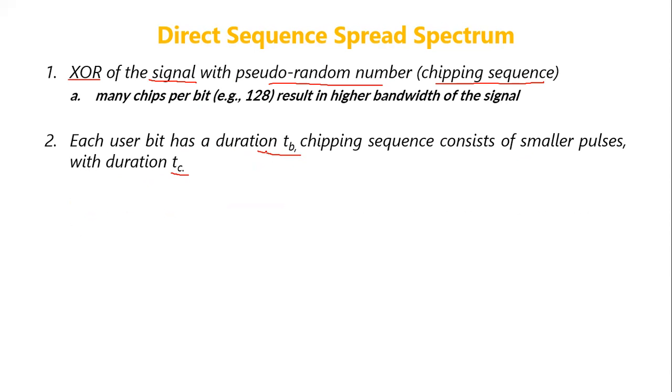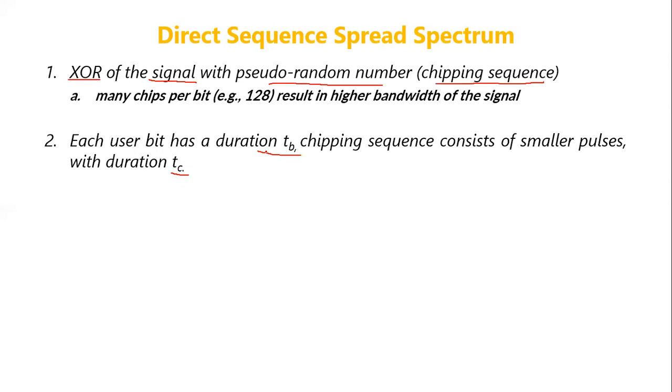Multiple chips put together will be equal to one duration of the actual user bit. The clock pulse of a user bit duration will be larger, whereas the clock pulse of the chipping sequence will be much smaller.